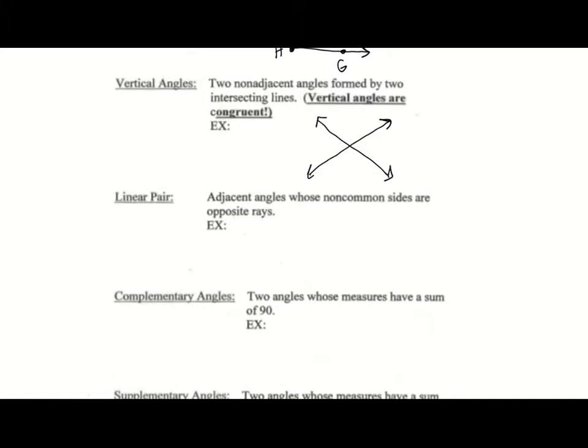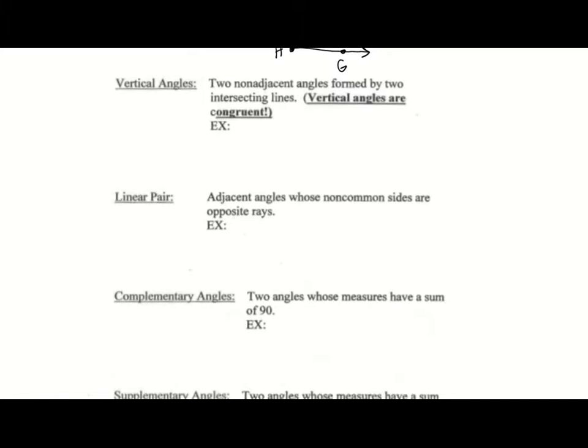If I look at this angle right here and this angle right here, those would be examples of vertical angles. They're straight across from each other on those intersecting lines, and they are also congruent. That's going to be very important in a lot of the stuff we are doing later down the road. So it's important to remember that vertical angles are always going to be congruent.